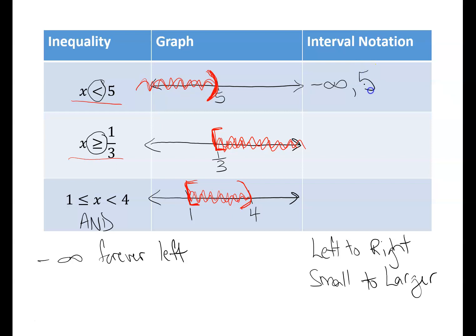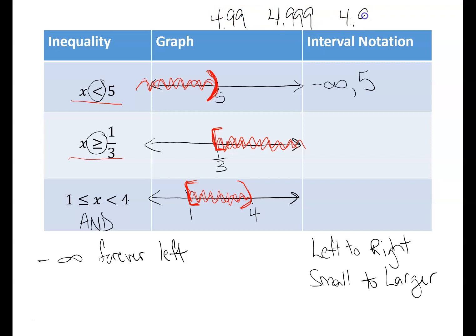5. 5 is our rightmost value. Now you may say, well, 5 is not a solution, and that is true. However, I cannot pick that biggest number that's less than 5. You know, would it be 4.99 or 4.999?